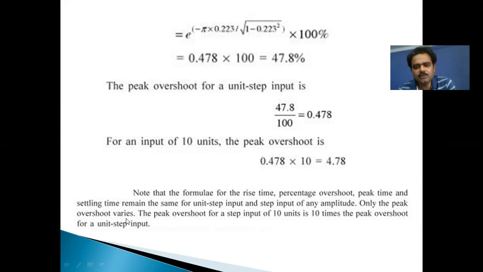The percentage peak overshoot remains the same, but the peak overshoot value changes. The peak overshoot for a 10 units input is 10 times the peak overshoot of a unit step. Only the peak overshoot value changes; percentage overshoot, rise time, peak time, everything else remains the same. Is it clear?